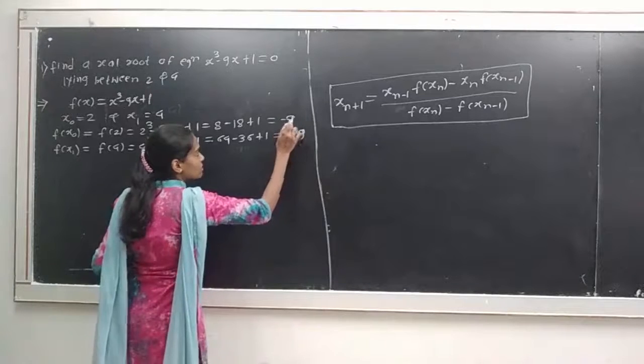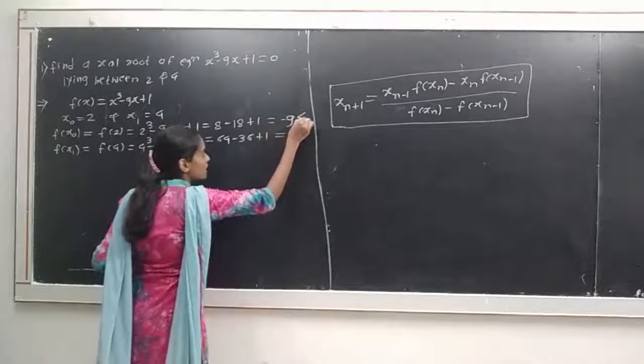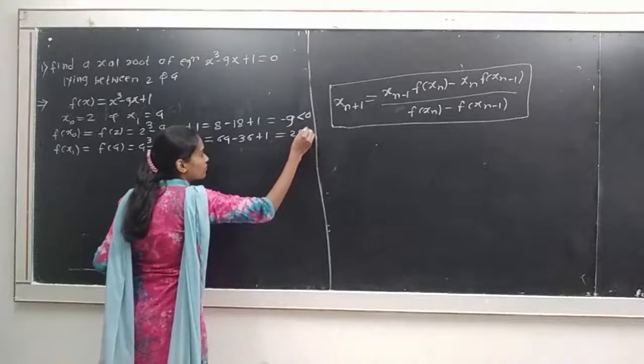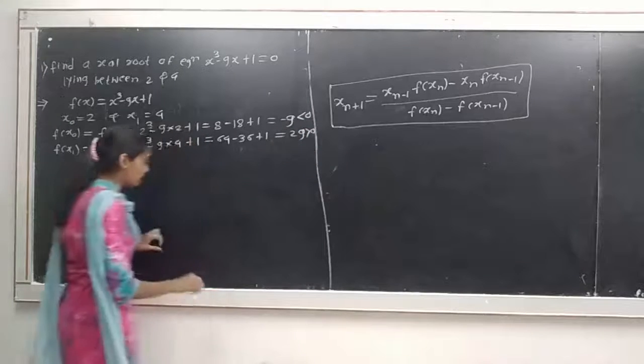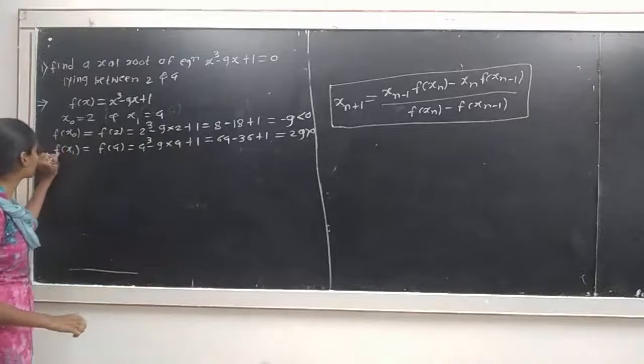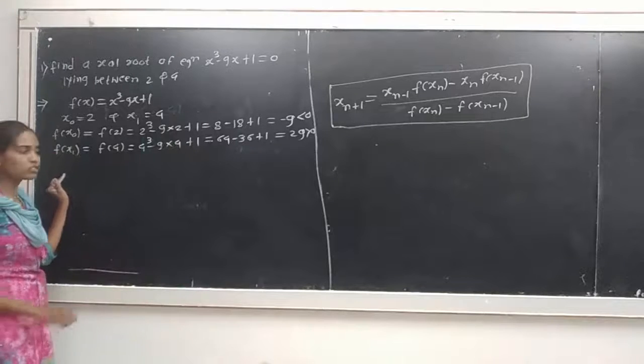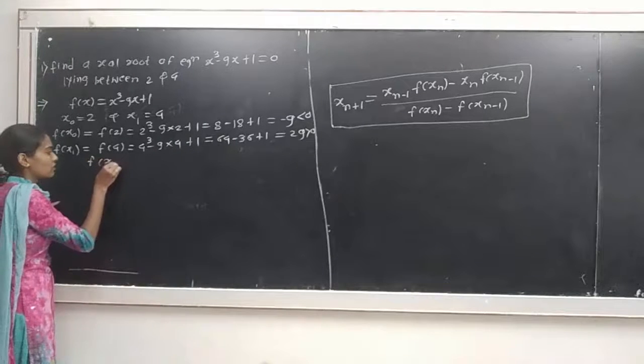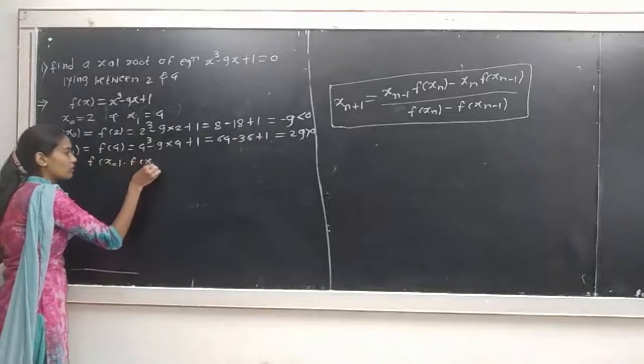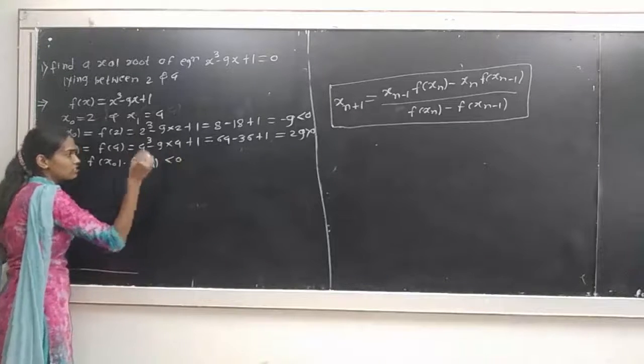to 29. We get f of x0 is minus 9, that is less than 0, and f of x1 will be 29, that is greater than 0. That is, f of x0 and f of x1 are of opposite sign, that is f of x0 into f of x1 is less than 0.